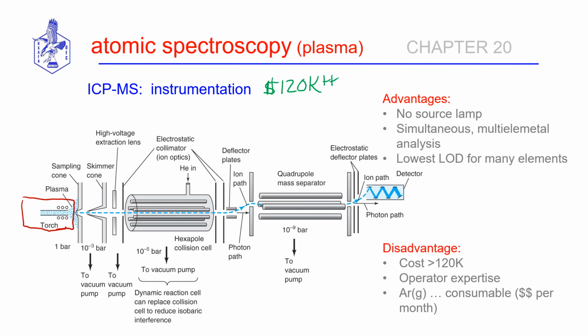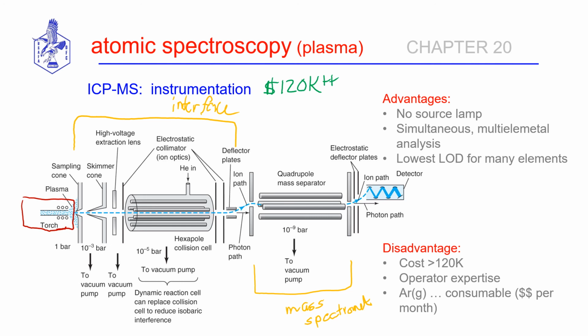So the components here, this is the interface where we're going to select one ion at a time to enter into the mass spectrometer, which is the part over here. We'll talk more about the design of those instruments when we get to that chapter in the book.